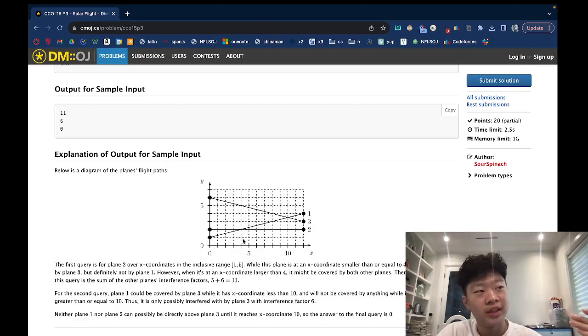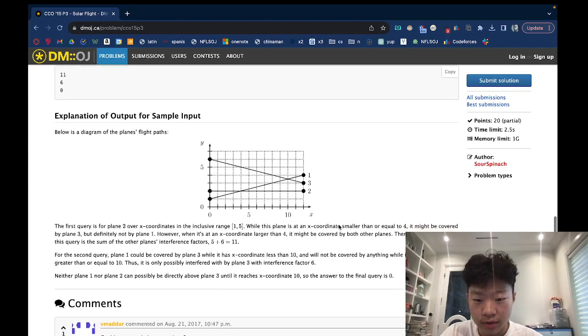What changes that is when it intersects with other lines. For this one, for example, when it intersects with this line, which was above it at the start, then it's no longer above it. If this intersects with that, it's no longer above it. So the only important things here are the intersections.